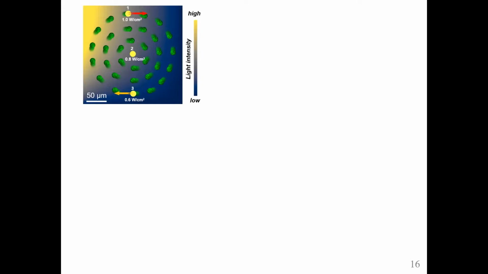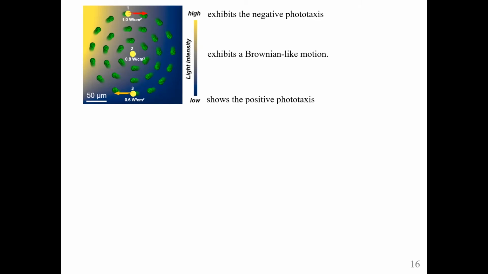A micromotor at Horizon 1 in the figure experiences a light intensity of 1 and exhibits negative phototaxis. At Horizon 3, the micromotors are positive phototactic because the local intensity in this area is around 0.6. At Horizon 2 in the figure, where the local intensity is around 0.8, the micromotor exhibits Brownian-like motion.